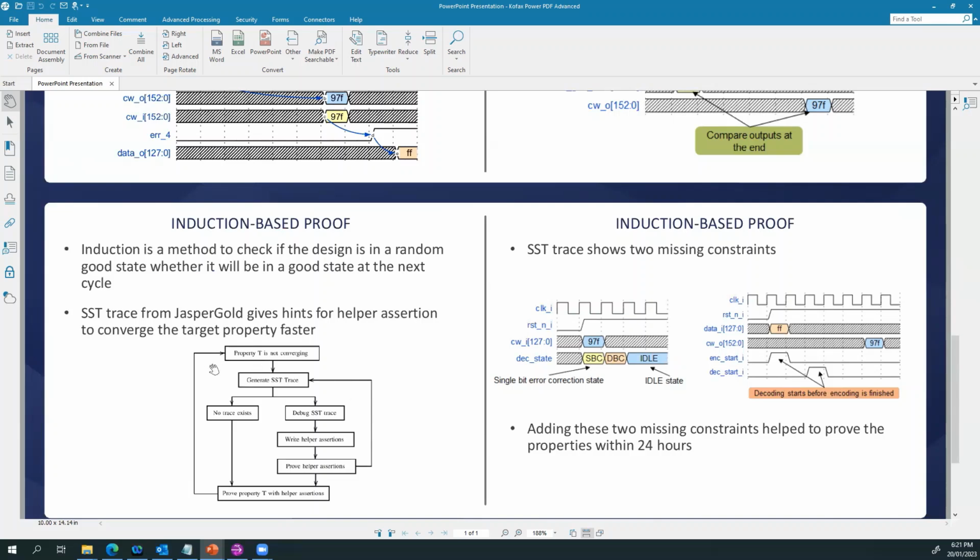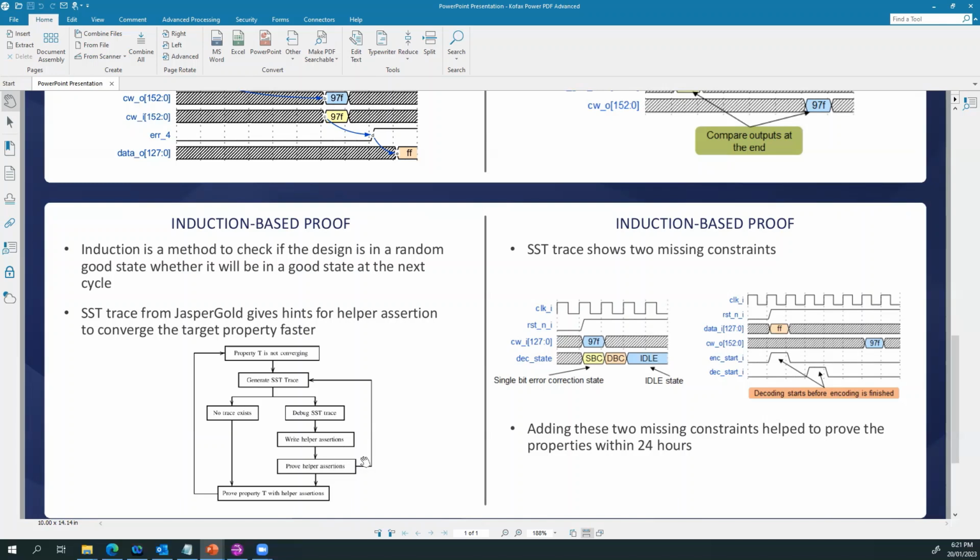So for example, if we have a property T which is not converging, we generate the SST trace from Jasper. And if there is no trace existing, then probably there is no helper assertion which we can write to converge the property faster. On the other hand, if we have an SST trace, we can debug the trace, and based on the trace, which is a normal counterexample, we can write helper assertions and then prove those helper assertions.